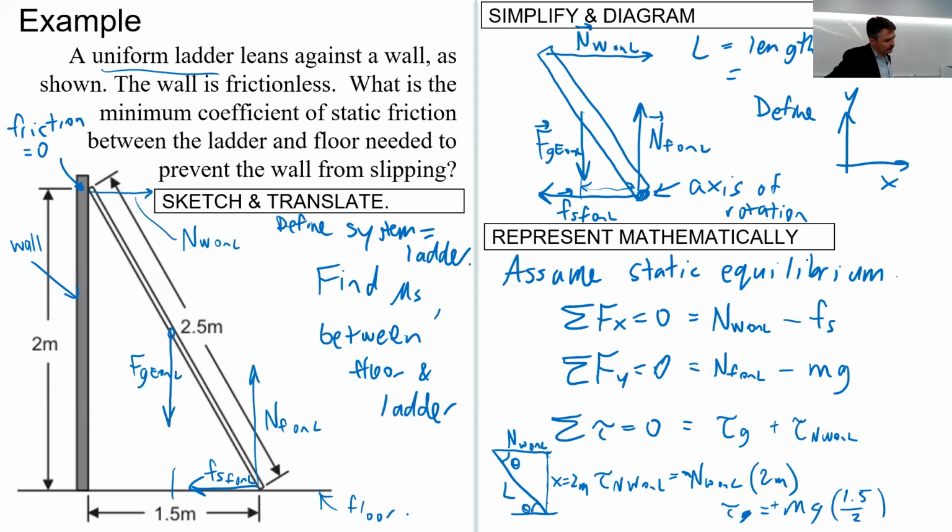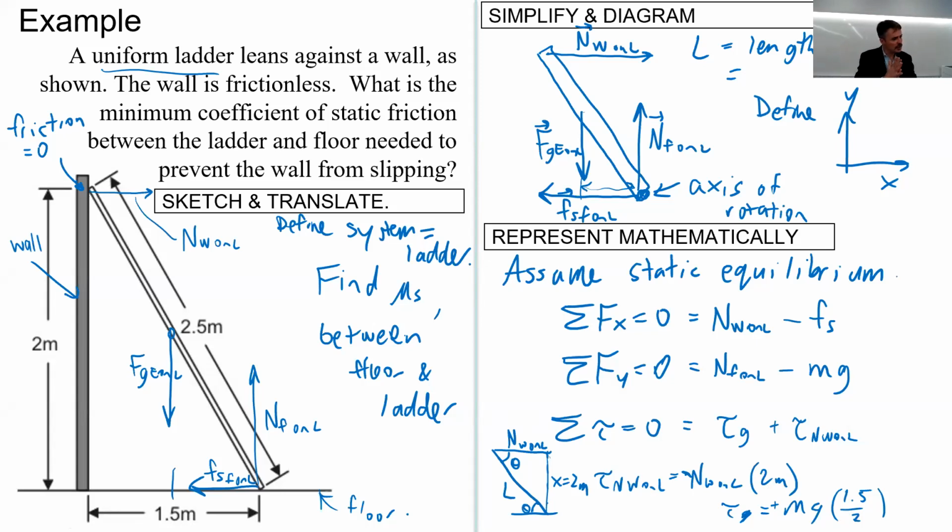Just at the bottom right, for torque G, why is it mg times 1.5 over 2? Great question. So I think the 1.5 over 2 is that letter X. We were talking about L sine theta. L sine theta is X, where X is the distance between the force line, which here is a vertical line dropping straight down from the center of mass, and the rotation axis.